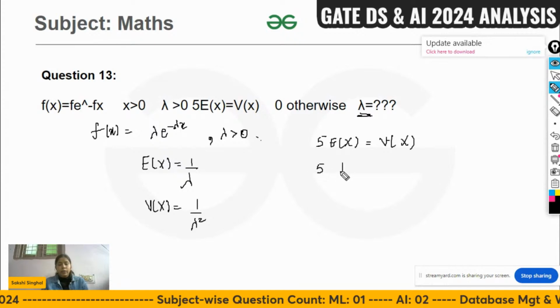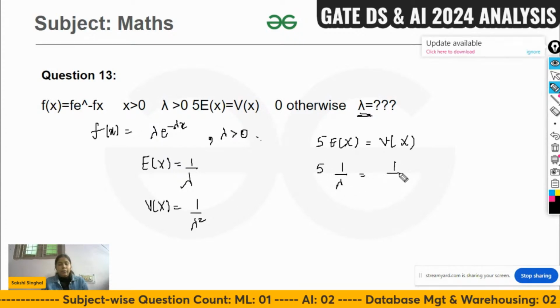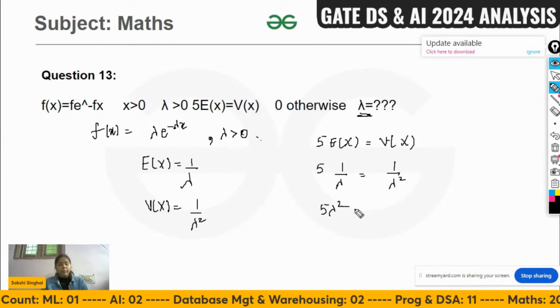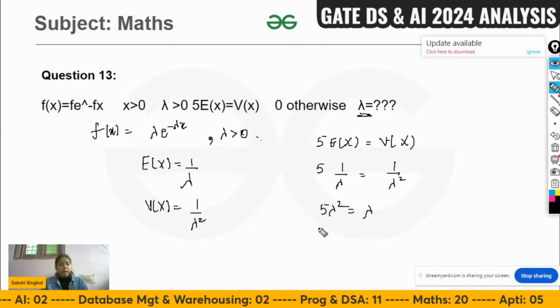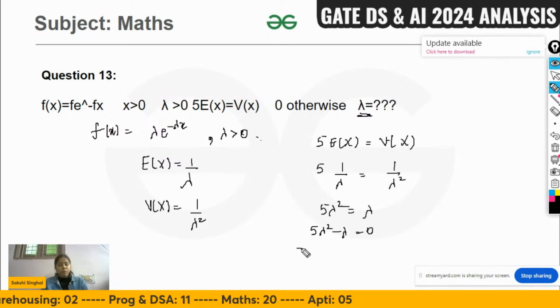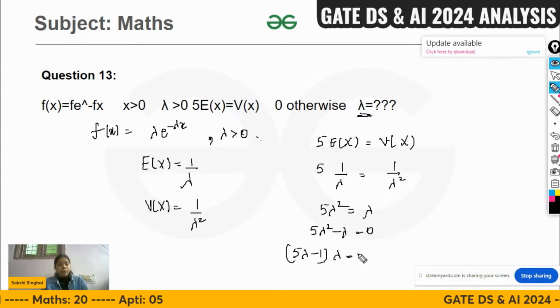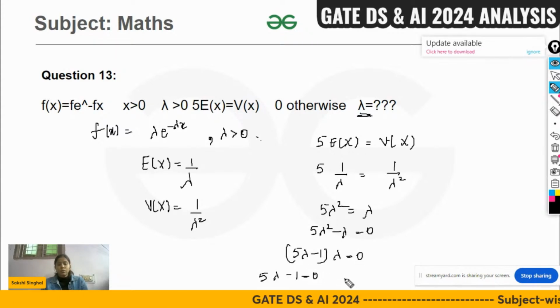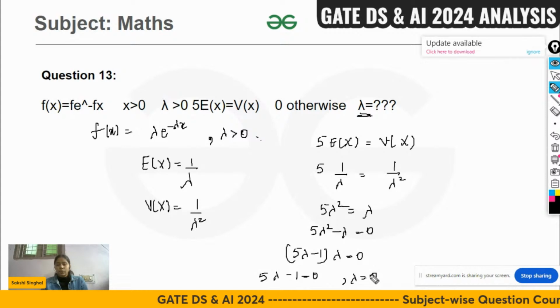So if I put the values here, 1 by lambda and 1 by lambda square, from here I'll get 5 lambda square is equal to lambda. So can I write this as 5 lambda square minus lambda is equal to 0? So I can write here lambda into 5 lambda minus 1. Here are two possibilities. Either 5 lambda minus 1 is equal to 0 or lambda is equal to 0, right?